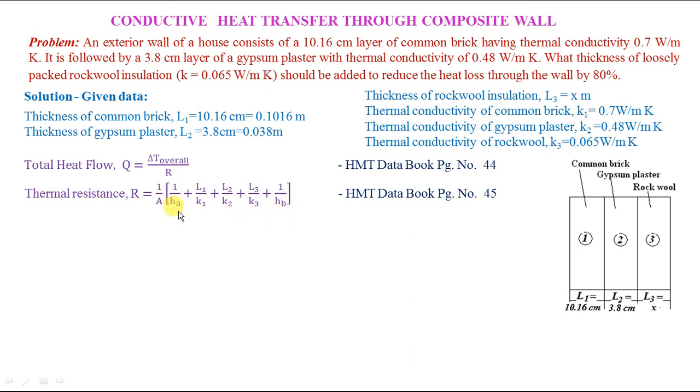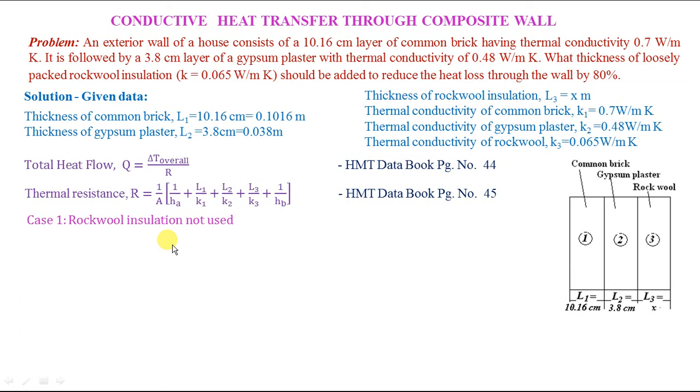That is, 1 by HA and 1 by HB will be 0. And there are two cases to consider. The first case is rock wool insulation not used, and the second case is rock wool insulation used.